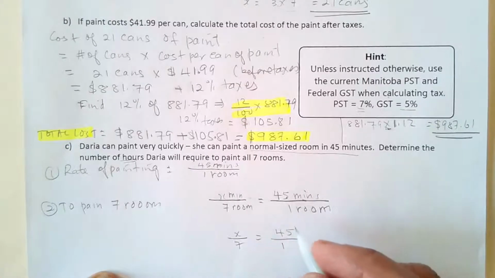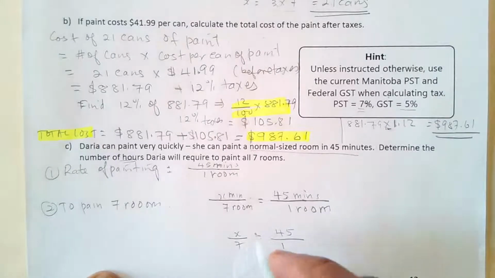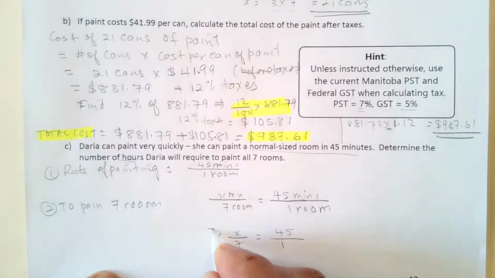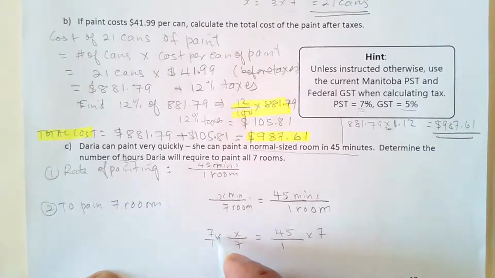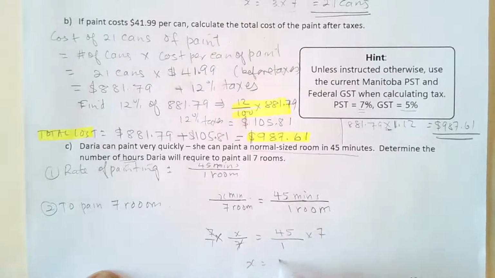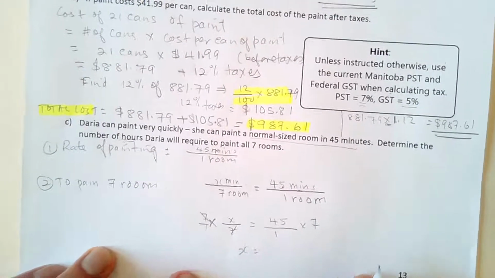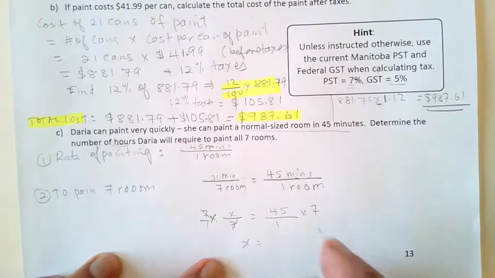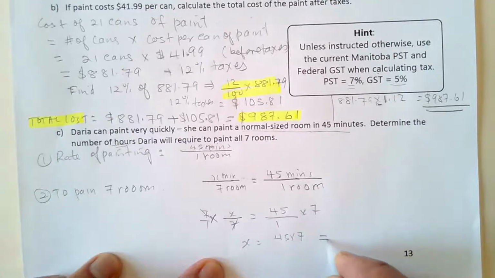Now, multiply by 7 over 1, multiply by 7. So time taken will be 4 to 5 multiplied by 7.